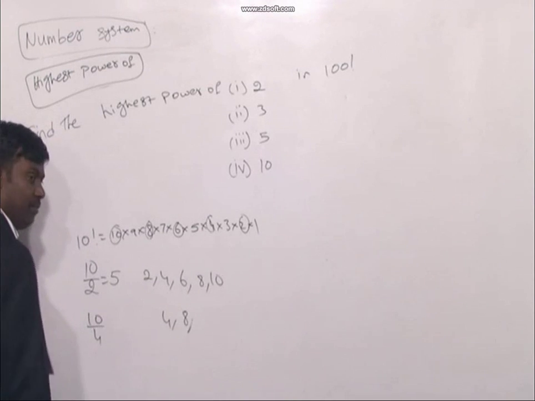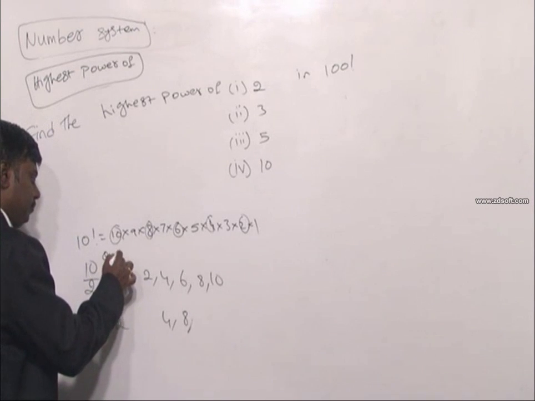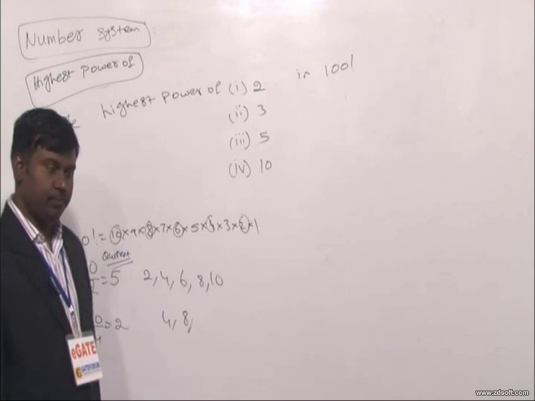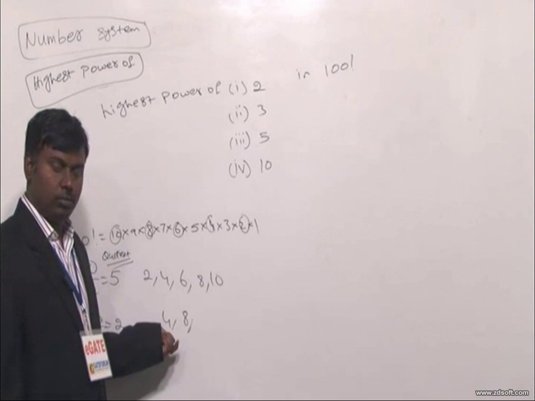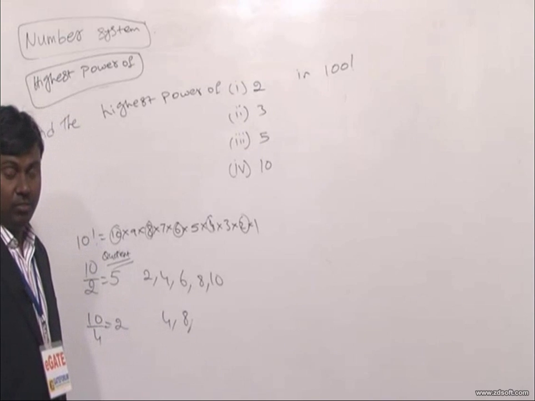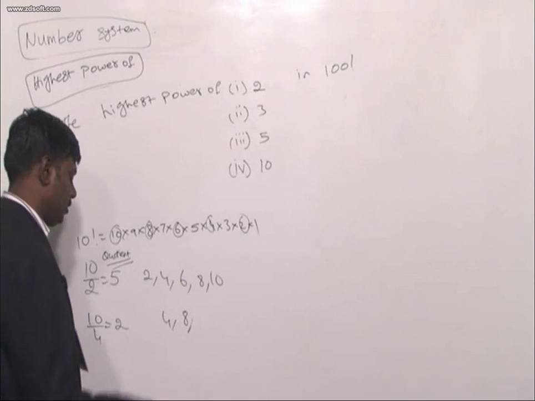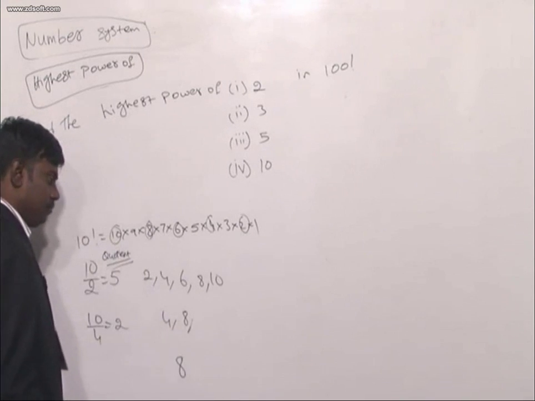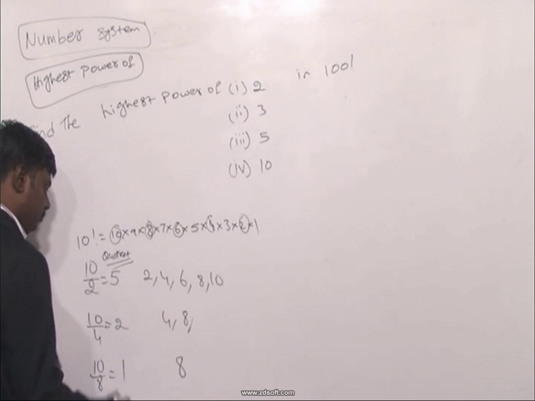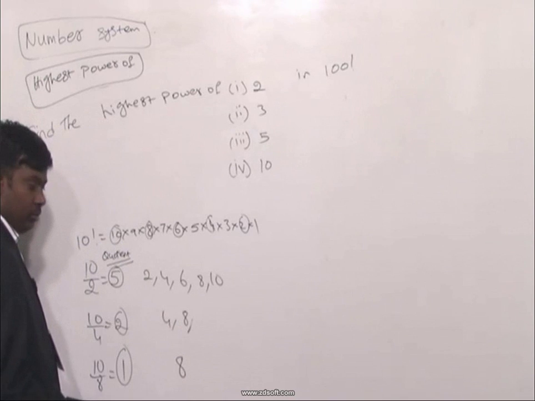So I would consider 10 by 4, which is 2, just consider quotient. 2 factors, right? One more thing that you have missed out here. 8 is not just power of 4, it is also power of 8. So it is 2 cube, right? So if you consider 8, you have one more 2. So what is the power of 2? Power of 2 is 8.